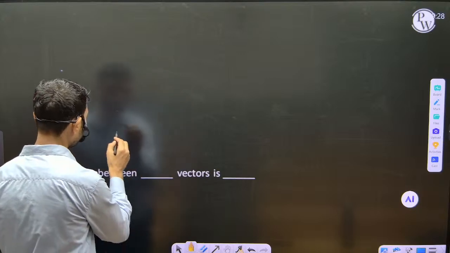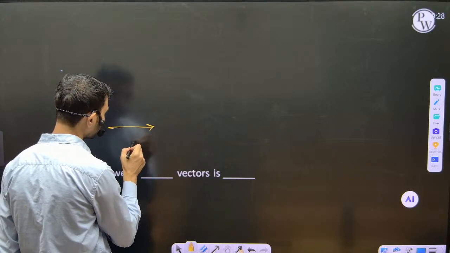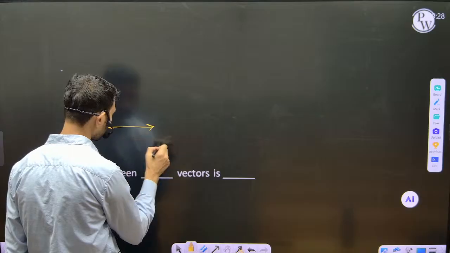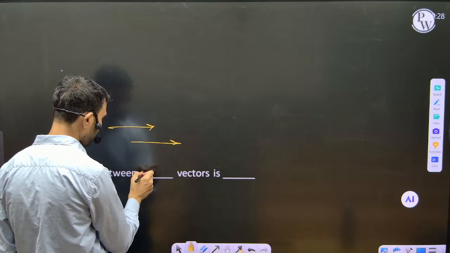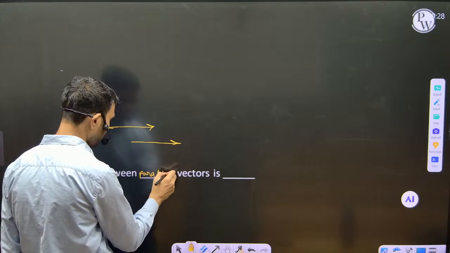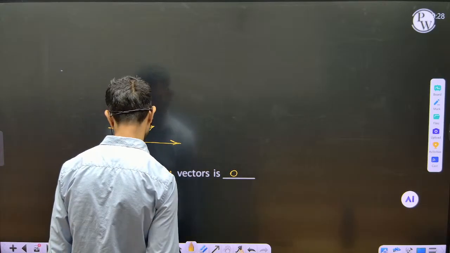Let's say there are two vectors. So the angle between these parallel vectors, right? Parallel vector angle is 0.